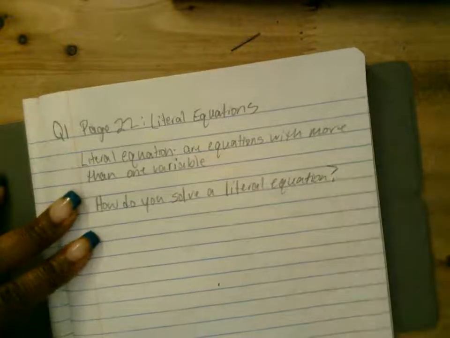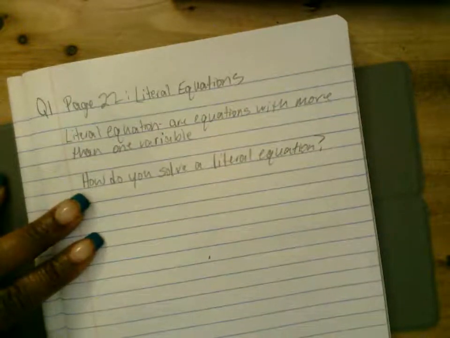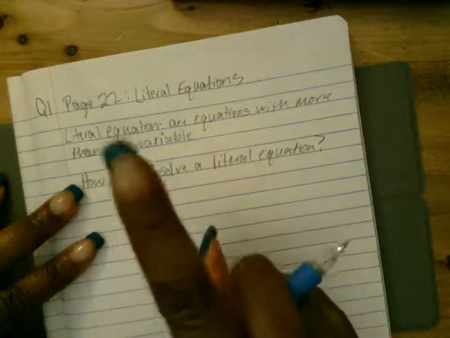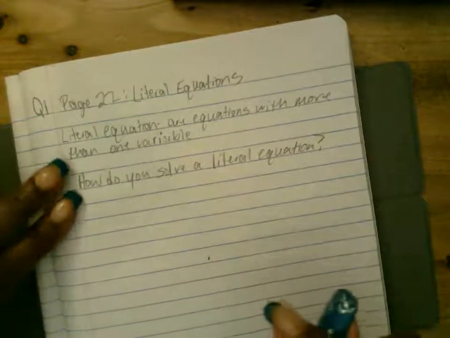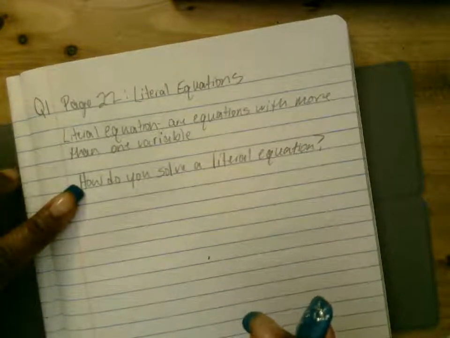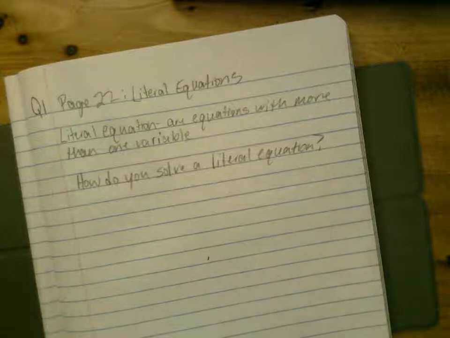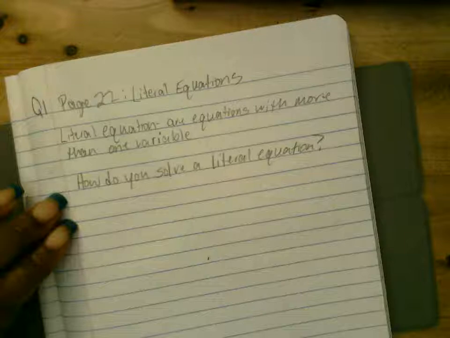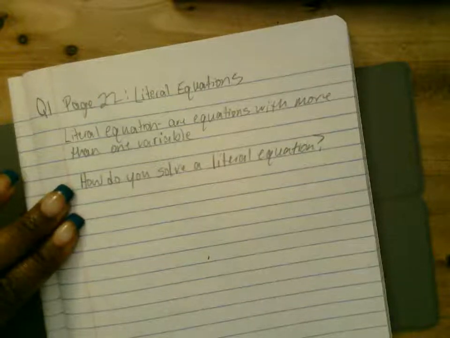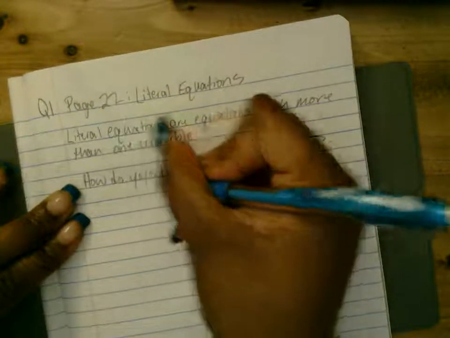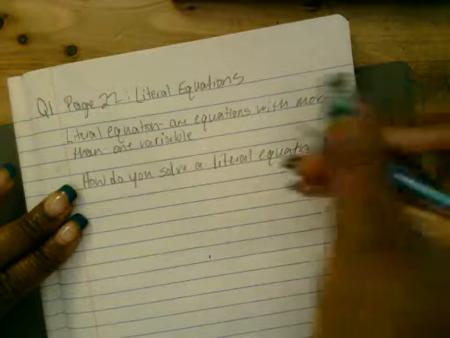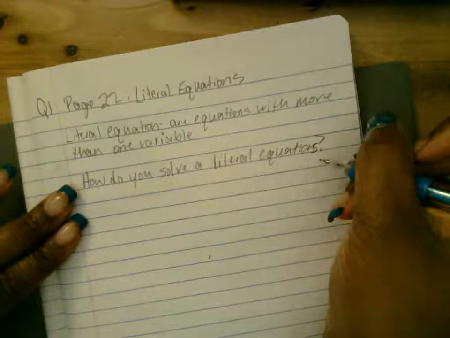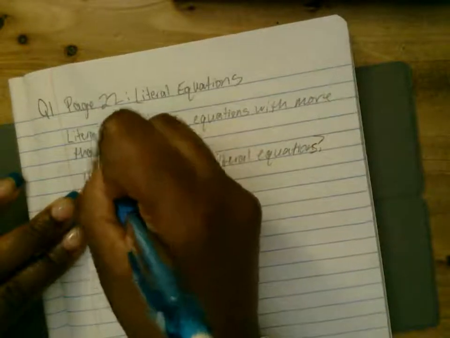Because it has more than one variable, to solve a literal equation, it first must tell you which one of those variables you're solving for. You're going to isolate the variable by using inverse operations, okay? So to solve literal equations, you're going to use inverse operations. That's it.